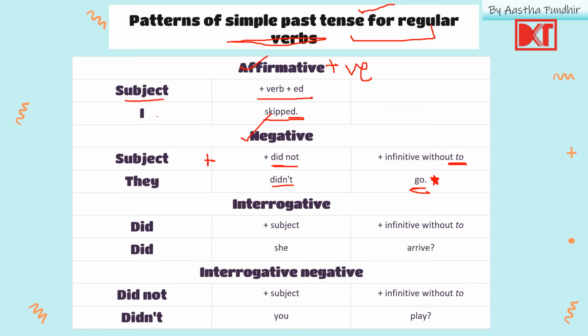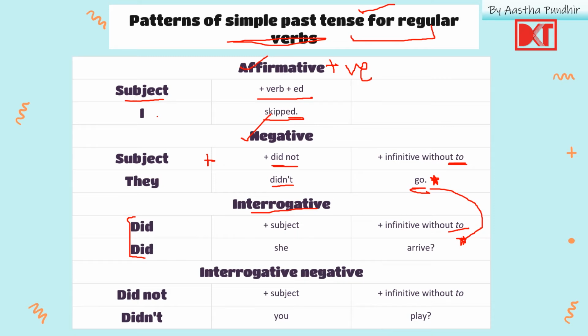Alright, this is negative. Next we move on to interrogative, मतलब questions. So here we start with did only, right? We start with the verb did plus subject and then the infinitive without to. Again, the same rule applies here. यहाँ पे past form नहीं use होता verb का, यहाँ पे infinitive, the original form is used only.